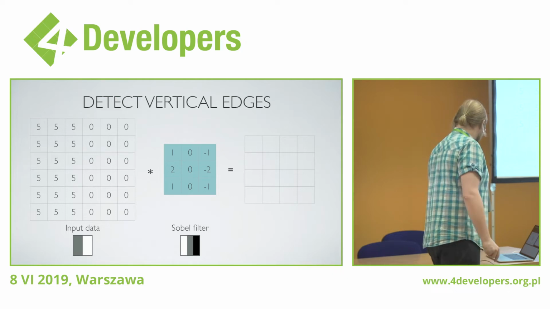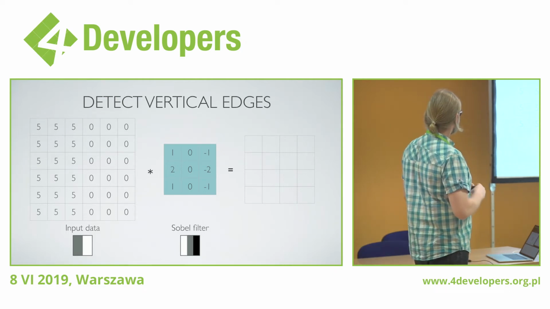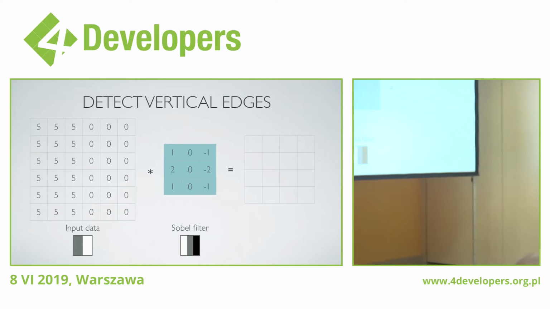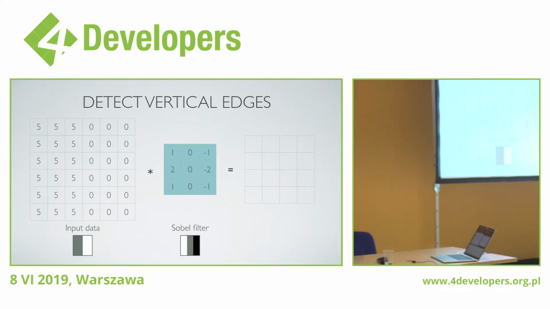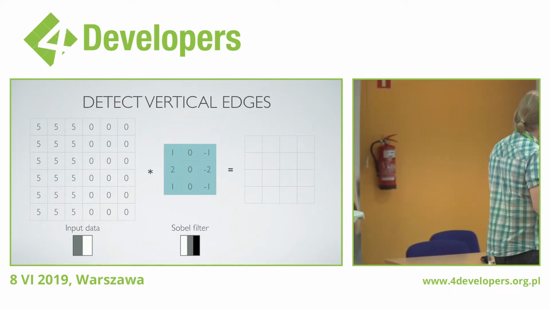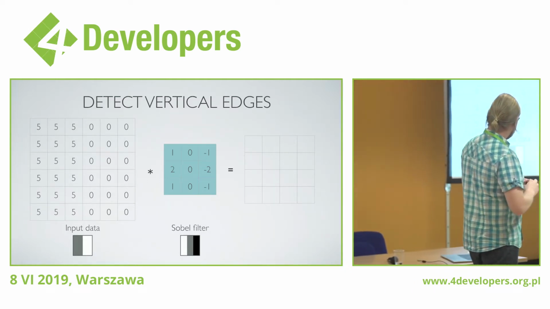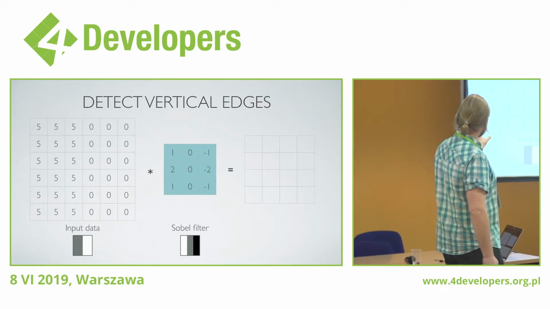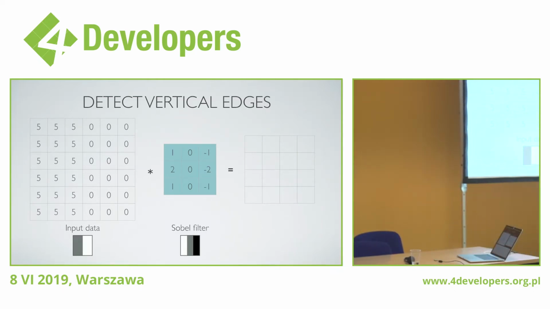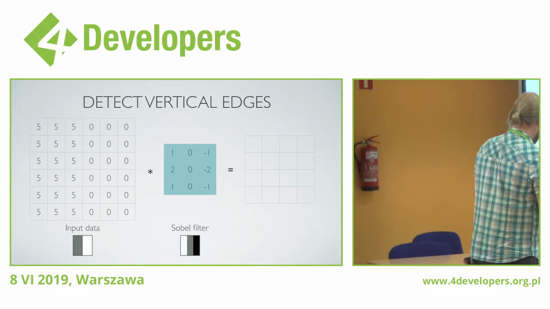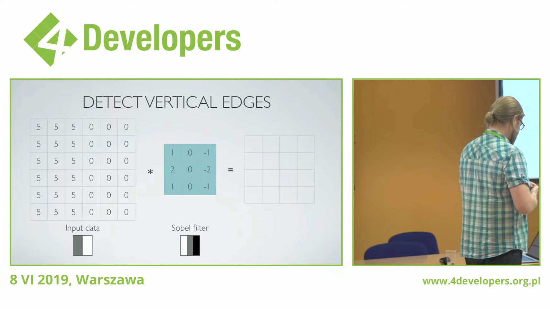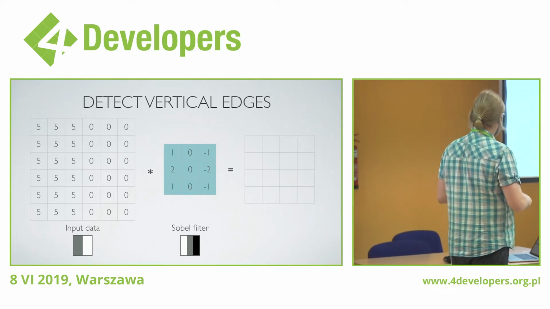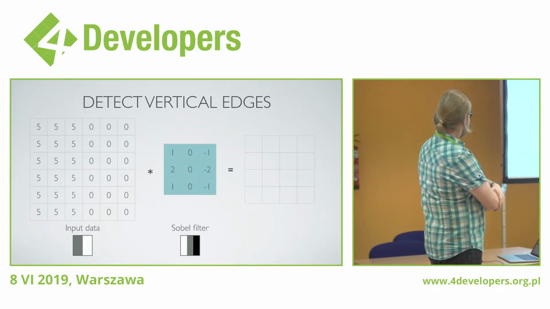So how does that work in practice? If we have an input image, represented here on the bottom as this image of two stripes, one darker and one lighter, it can be represented by a matrix of numbers.